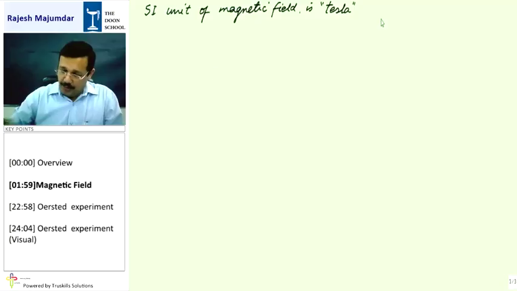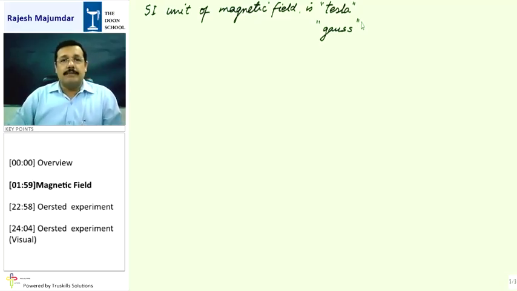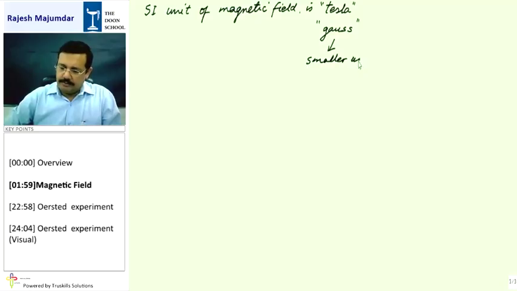And there is one more unit which I want to mention here, and that is Gauss. Do you recall this name? This name appeared in Gauss's theorem in the chapter of electrostatics. And Gauss also studied magnetism and electricity because, as I told you earlier, there is an interrelationship. So Gauss is another unit, but Gauss is a smaller unit.